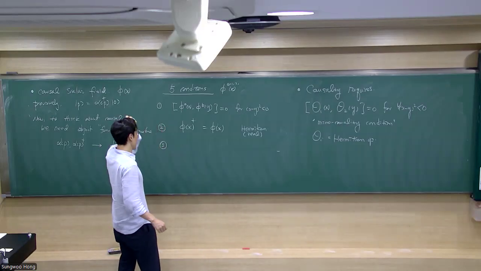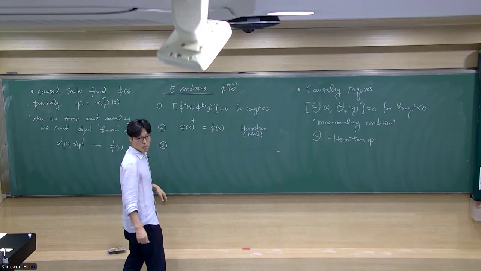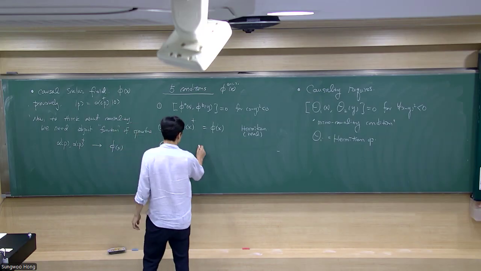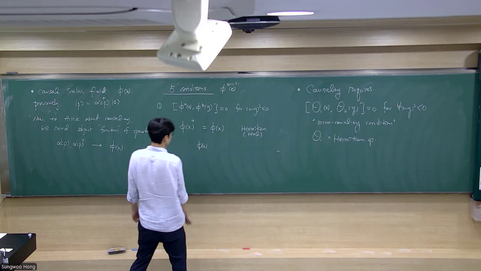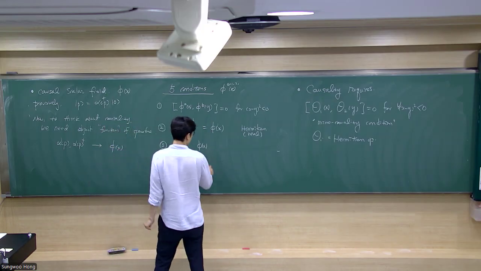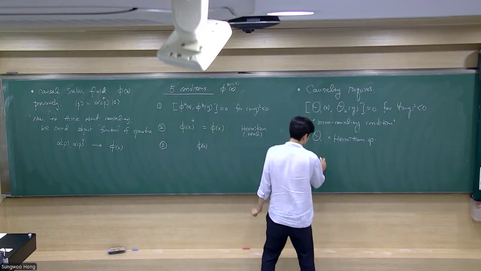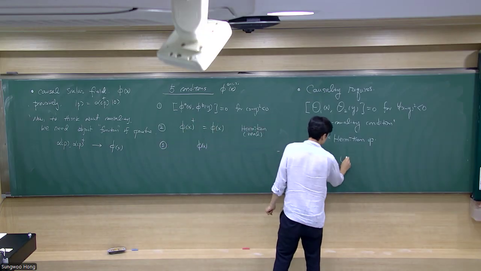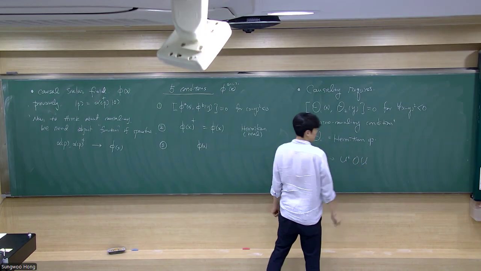And then I need to impose 2 conditions related to Poincaré transformation. So the first, if you remember how an operator has to transform, O has to transform as U dagger O U. Okay?